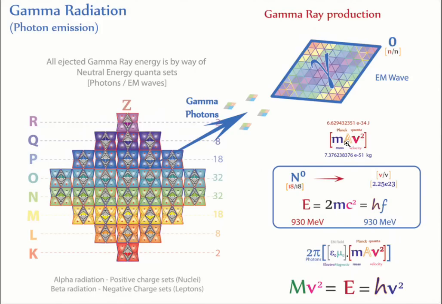Of course, Planck's constant itself can be broken up into mass alpha, or mass by quantized angular momentum, the equilateral geometry of masses. Or it can also be expressed in the classical form of mass velocity squared.